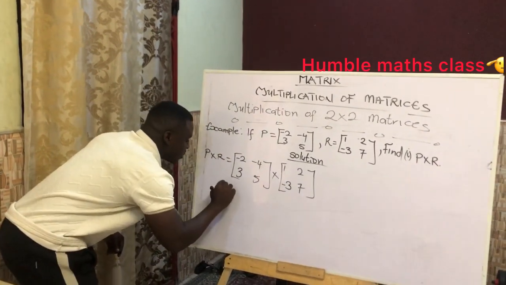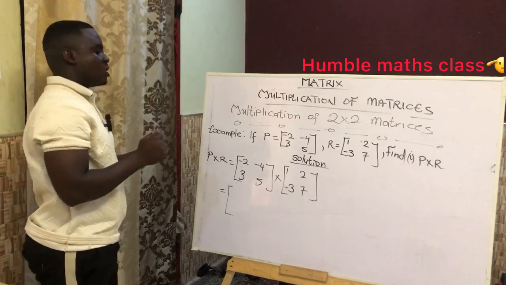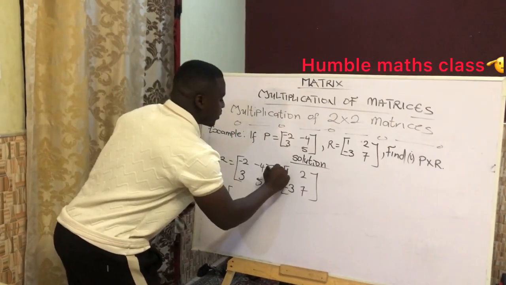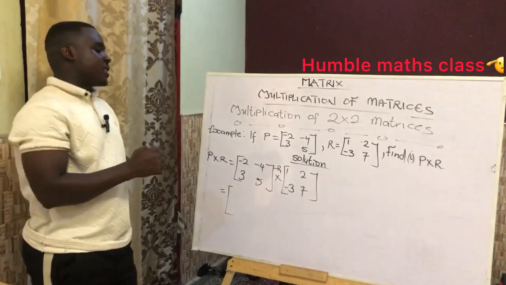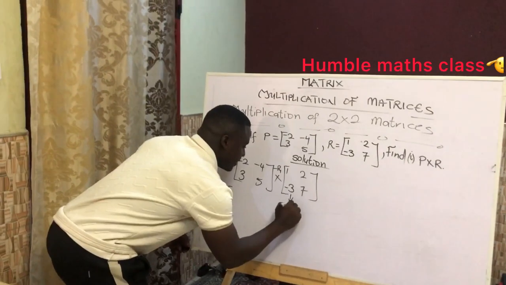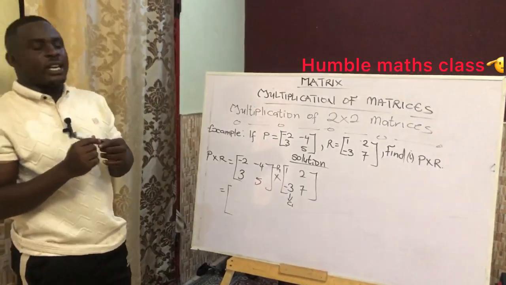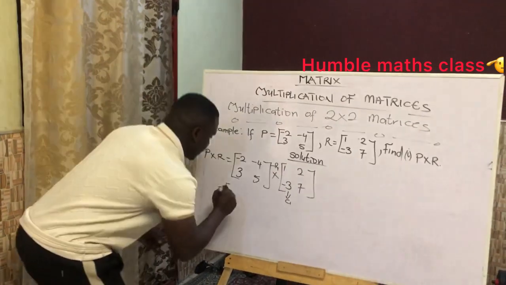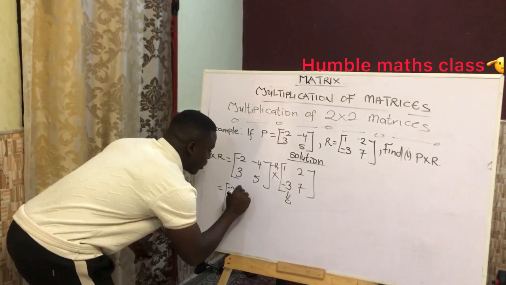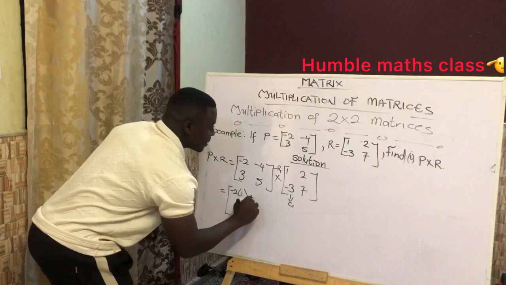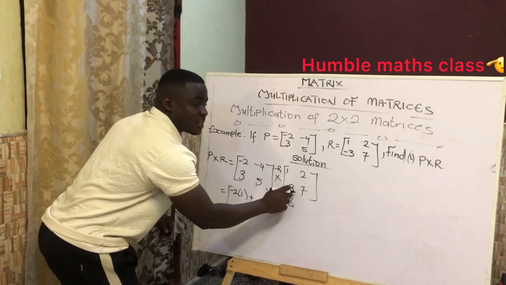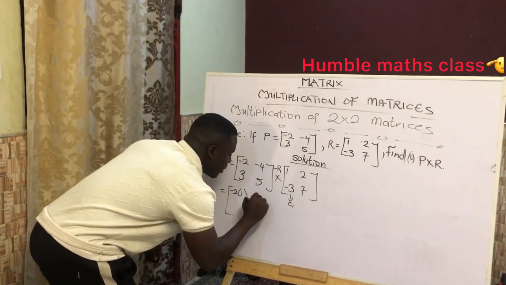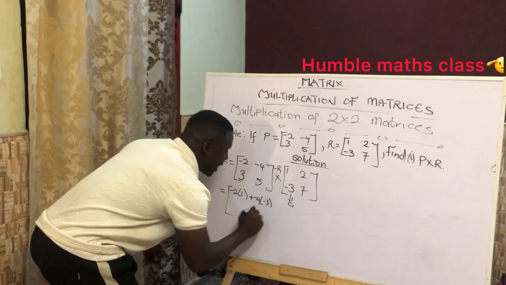So when you multiply these two matrices together, as usual, you consider the first row in the first matrix against the first column in the next matrix. So you're going to get minus 2 multiplying 1, plus minus 4 multiplies minus 3 here.